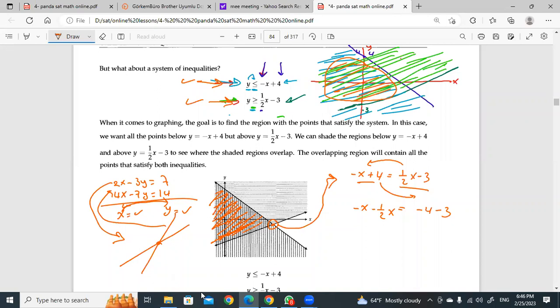Okay, after this I have negative 1 minus half, which equals negative 1.5, which is negative 3 over 2 x. And here I have negative 4 minus 3, which equals negative 7.